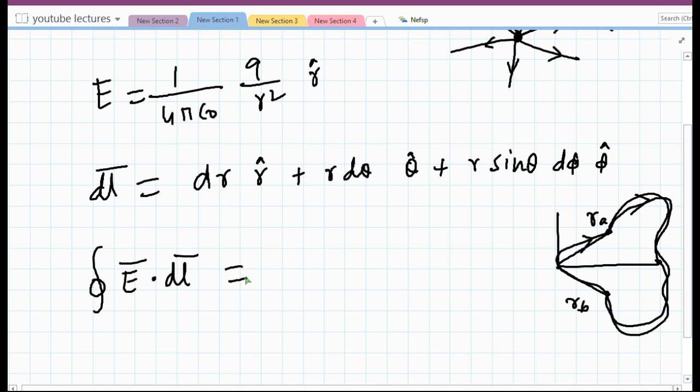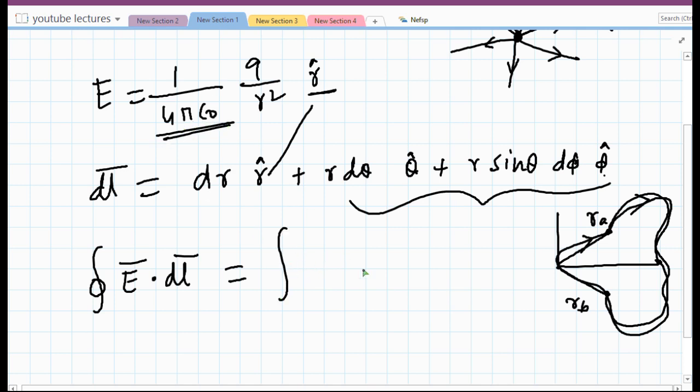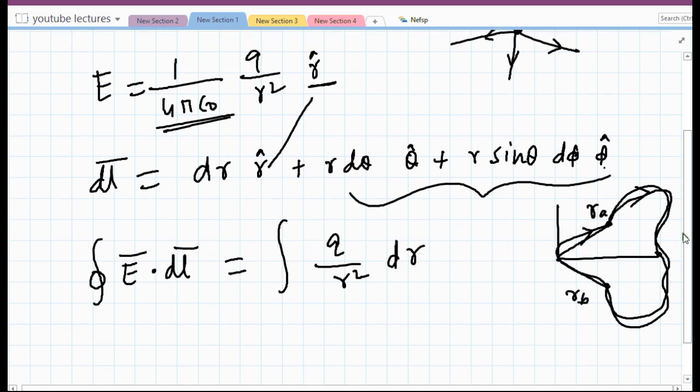Now, since here is r hat and this is a dot product, it is a dot product with these terms as well. These are all perpendicular to r hat, so they contribute nothing. I am remaining with 1/4 pi epsilon, which is simply the constant, and hence I will write only the dr term.